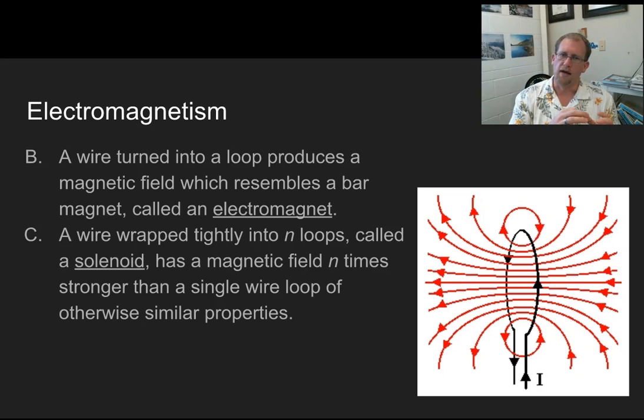So a magnet with lots of loops is stronger by the factor of how many loops there are. And we call a magnet with several loops a solenoid. A solenoid is just a word for an electromagnet made up of many loops of wire. That magnet is 5 times stronger if it has 5 loops, or 100 times stronger if it has 100 loops, or something of that nature.